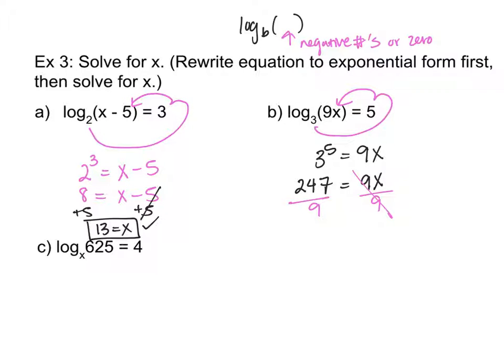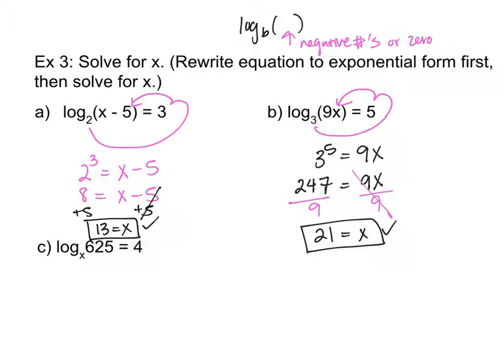So that cancels. So 247 divided by 9 is 21. So that equals x. And if you plug 21 back in here, 9 times 21 is still a positive number. It's not going to be a negative number. So it looks like this value checks out.